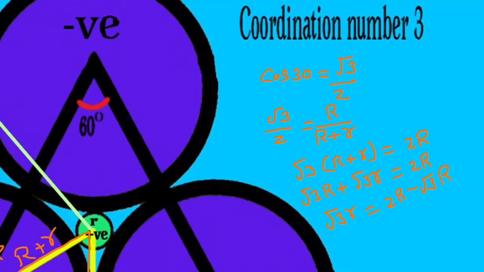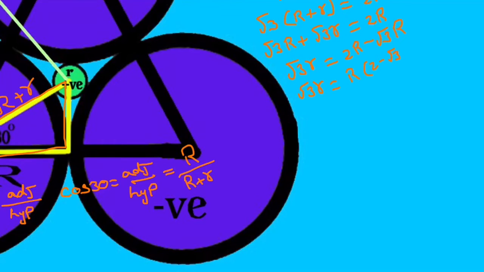Now root 3 r is equal to R common, 2 minus root 3. So small r by capital R is equal to 2 minus root 3 by root 3.